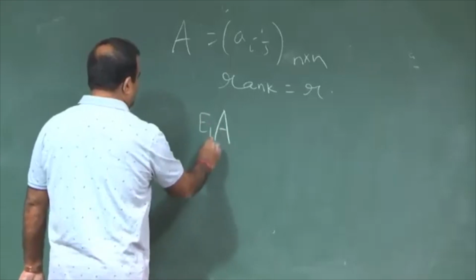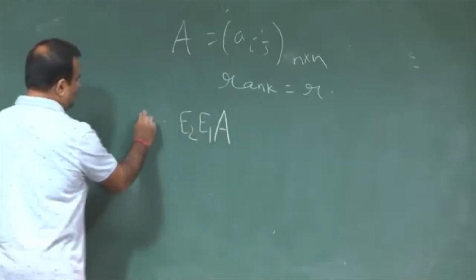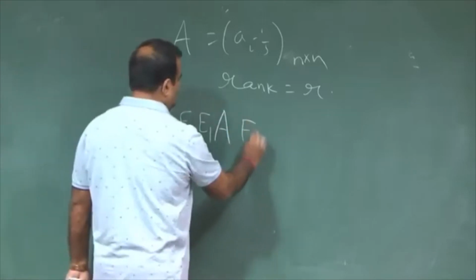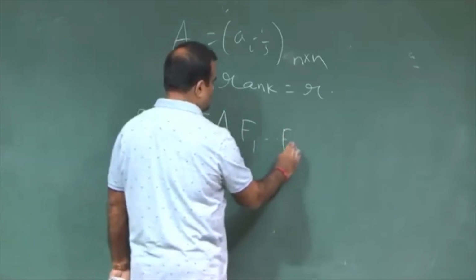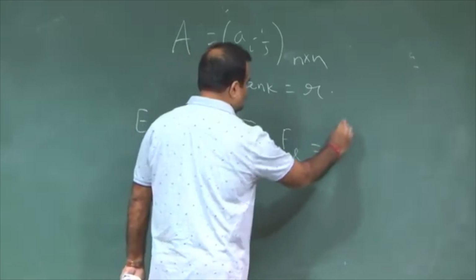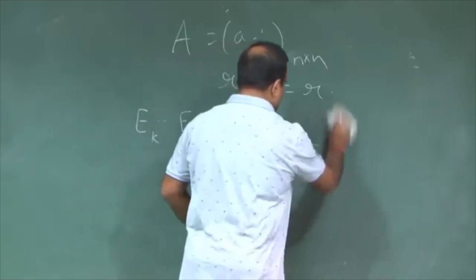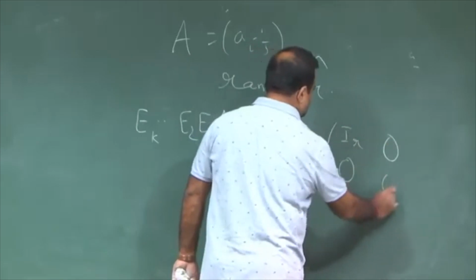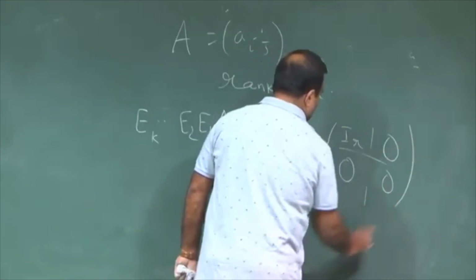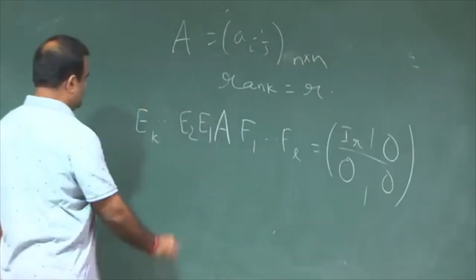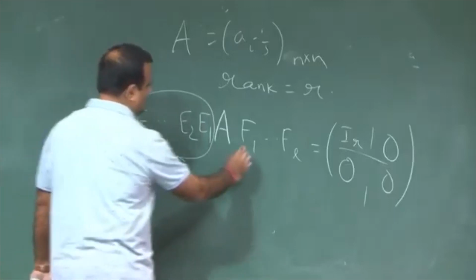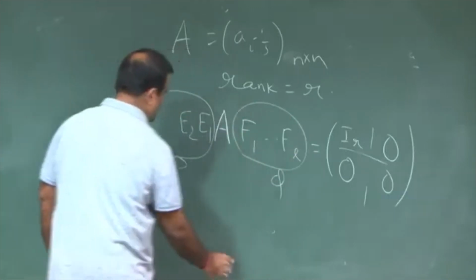So, basically we will have A. This is the elementary row operation we are doing, say k times, and this is the elementary column operation we are doing, say L times. So, this will give us the normal form, with the identity block and zero matrices. Okay. So, this is our P, and these are all non singular matrices because these are elementary matrices.